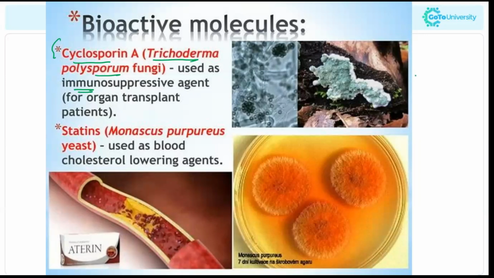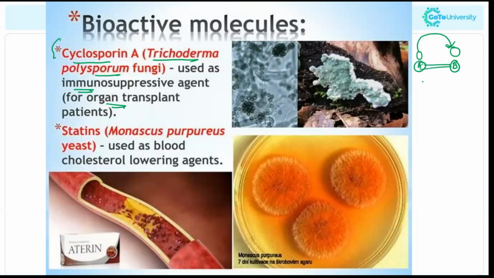Suppressing the immune system matters during organ transplantation, when an organ is transplanted from one person to another, from person A to person B. It is a complicated, sophisticated process, so they should be compatible with each other.